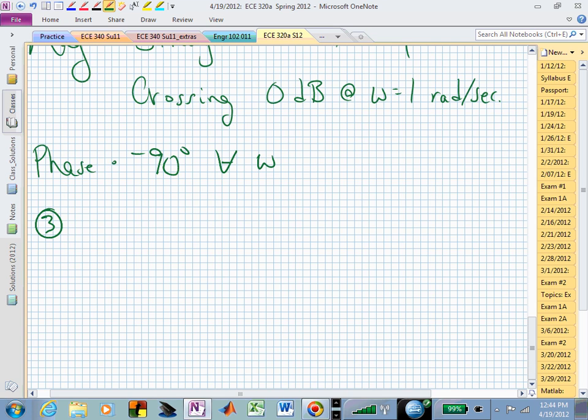The next term that I'm considering is the single zero at omega equal to, or its break occurs at omega equal to 0.1. Or maybe I should say, this is now this zero at s equal to minus 0.1.